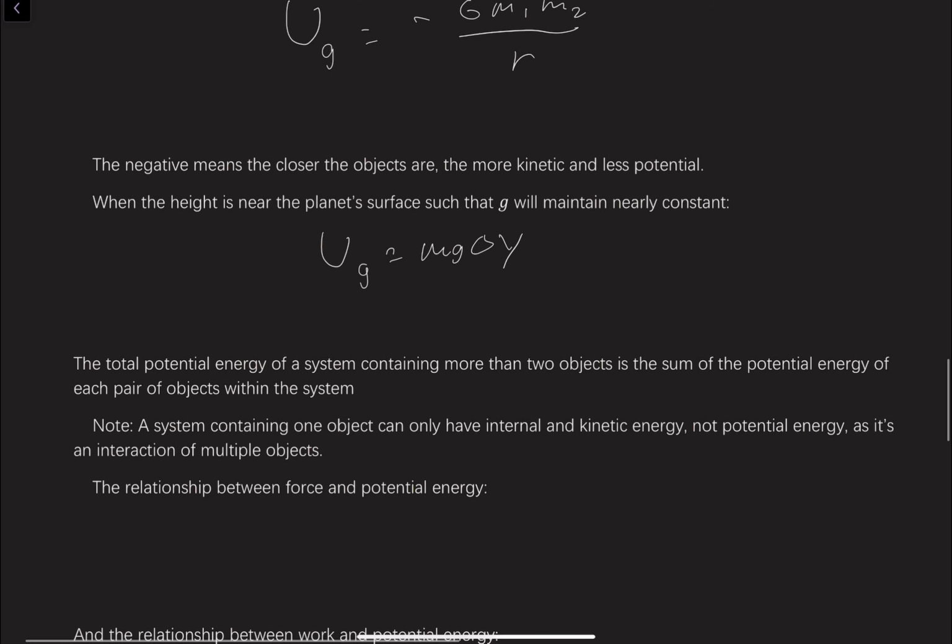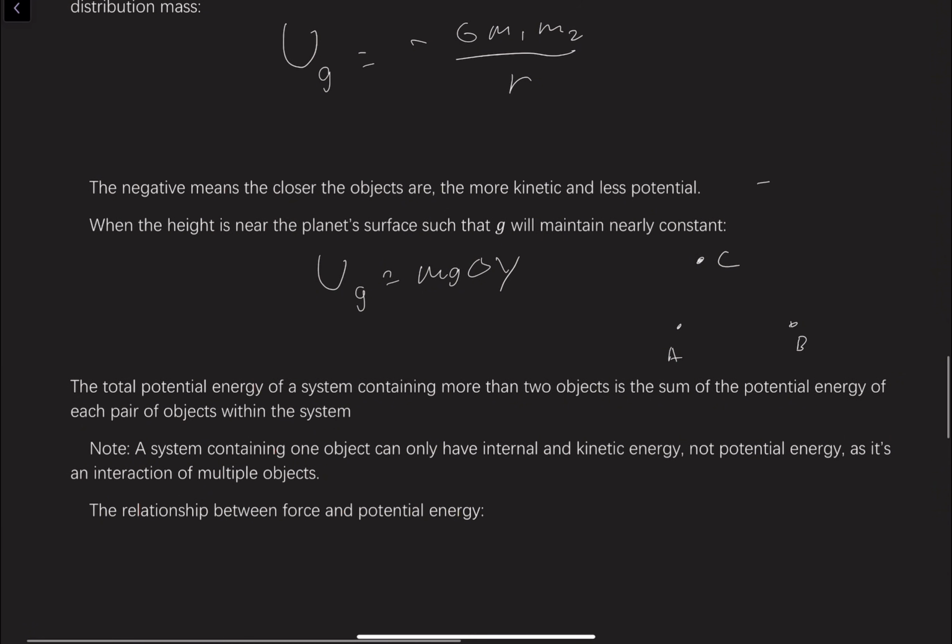The total potential energy of a system containing two or more objects is the sum of the potential energy of each pair of objects within the system. So you've got A, B, C. You need to do minus G m_A m_B over r, minus G m_A m_C over r, and minus G m_C m_B over r.